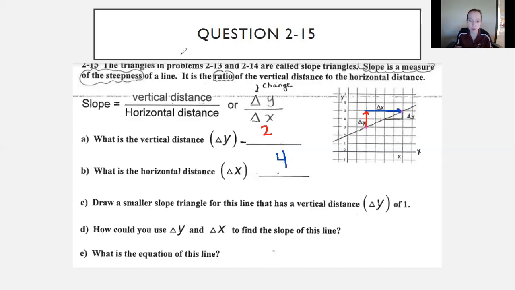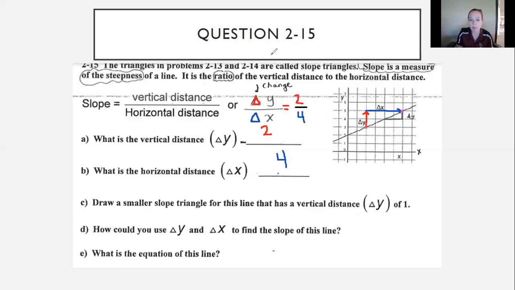So my slope for this line is, again, I represent my change in y as red and my change in x as blue. So I have 2 over 4.